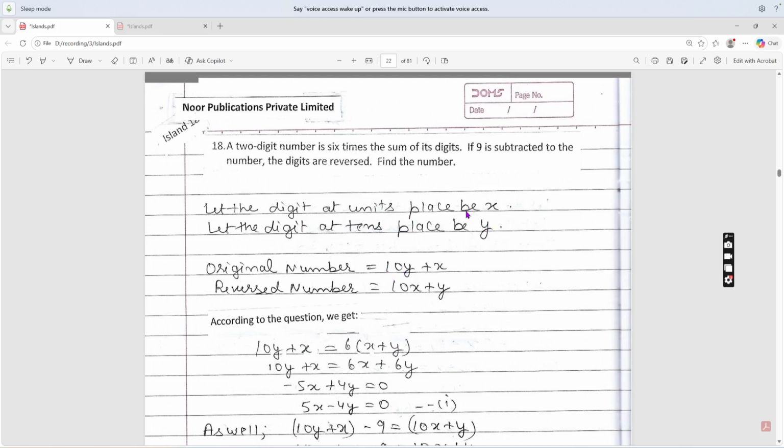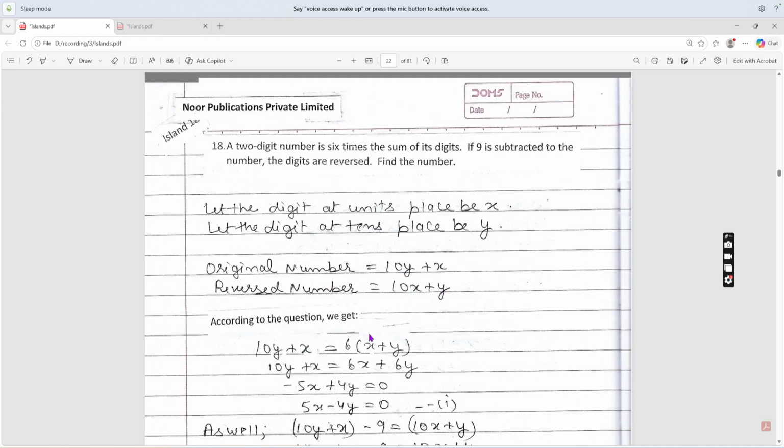And whatever the digit at the unit place, we have to multiply by 1, and 1 into that digit is that digit only. So 1 into x would be x. So x plus 10y is the original number, and when we shuffle the digits, we get 10x plus y. We just have to invert the digits.